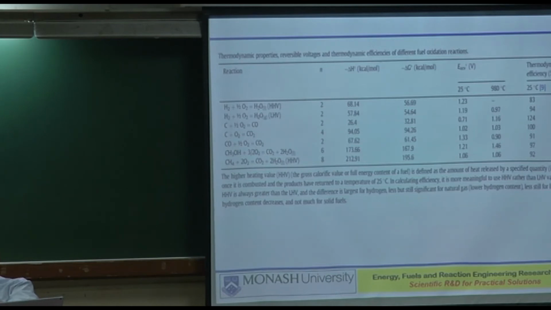Correct. Anodic degradation, and what's the degradation mechanism? For example, there's a lot of work being done, and the degradation mechanism can be different depending on what your anode material is, what your fuel is.